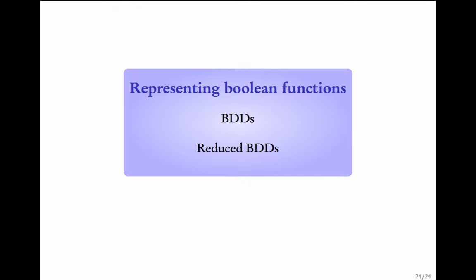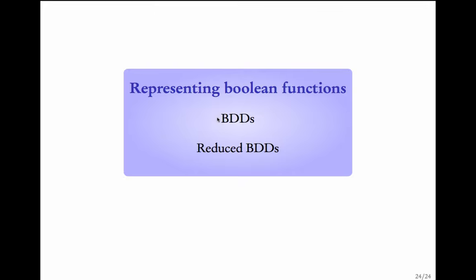So that is the introduction to this simple concept called BDDs. What do we want? We want to represent Boolean functions. A standard way of doing this is to use truth tables. However, we can do better by making use of these BDDs.